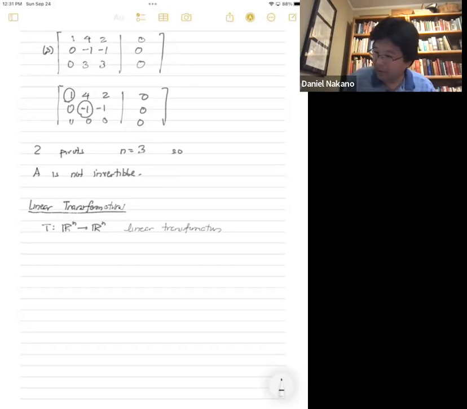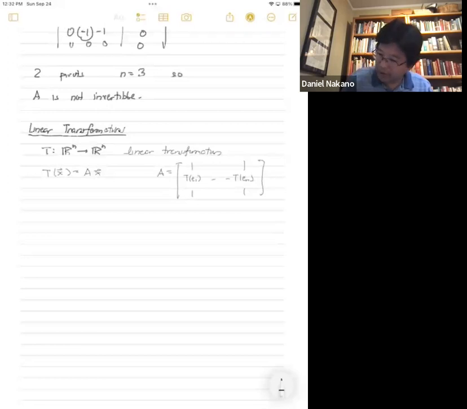Okay, and so we know that we can represent T as A of x, and A is going to be the matrix by taking T on the unit vectors and putting them down the columns. So whenever we have a linear transformation, we could represent T by A times x.